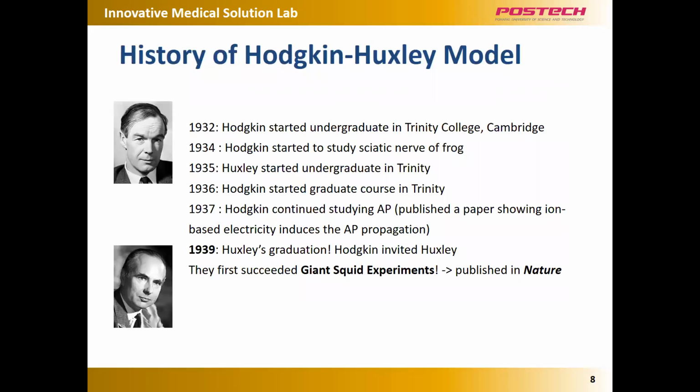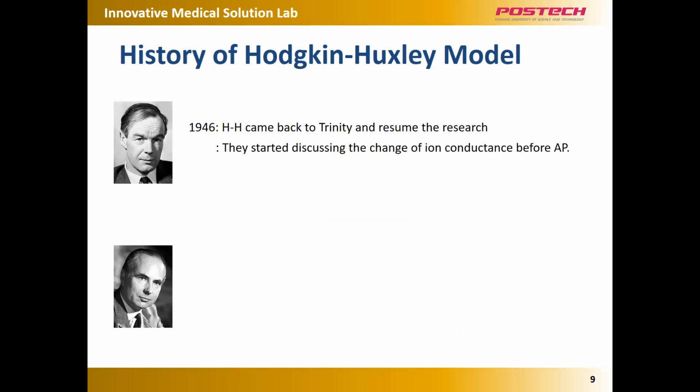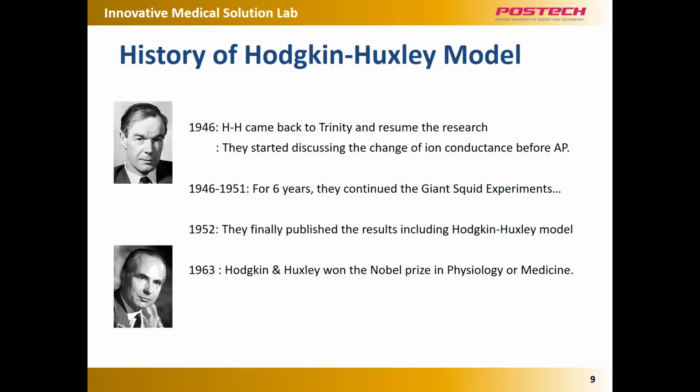Looking at the brief chronology, Hodgkin and Huxley started their first research in 1935, and in 1939, they succeeded in experimenting with giant axons and published the research in Nature. After World War II broke out, they published their research about 7 years later and finally won the Nobel Prize in Physiology or Medicine in 1963.